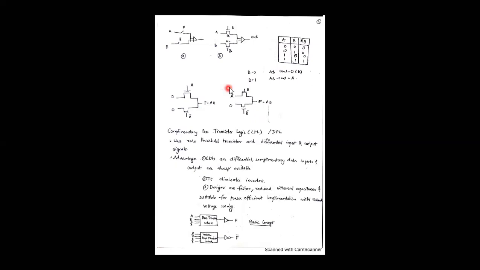Like here we are getting only one output combination. Suppose if it's an AND gate, we're able to design only the AND gate in the case of pass transistor logic. But when we go into CPL, which is an advanced version of PTL, we are able to get both the function as well as its complementary output.